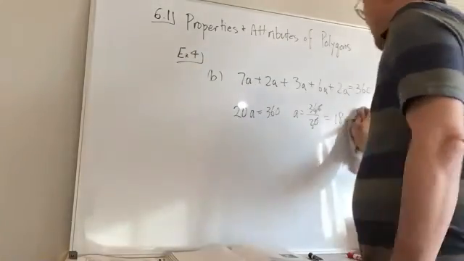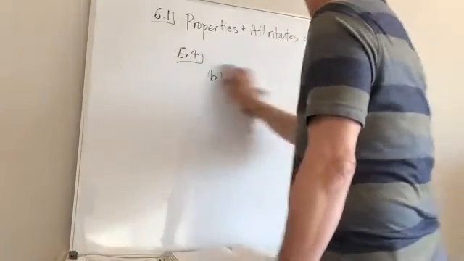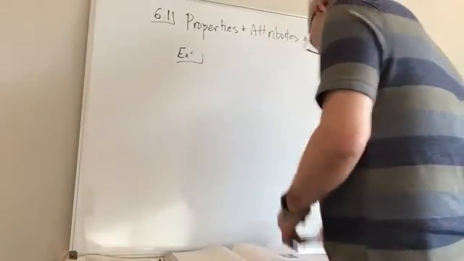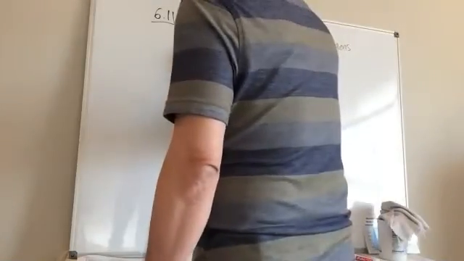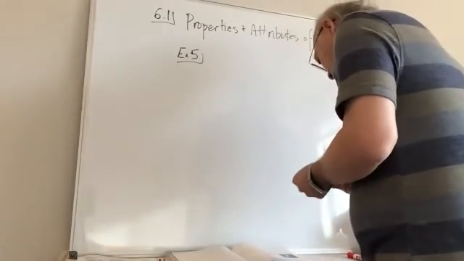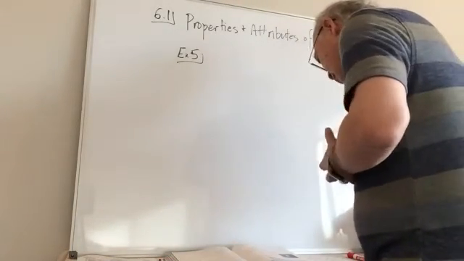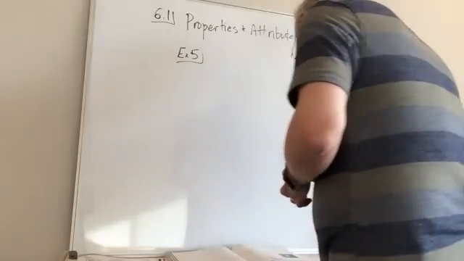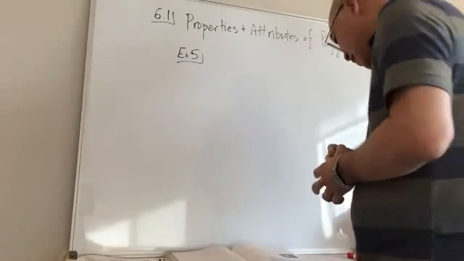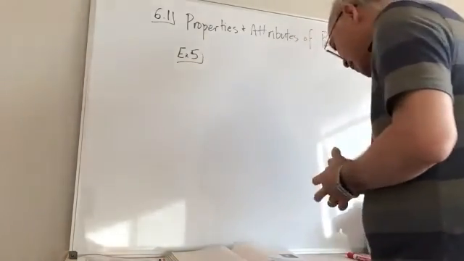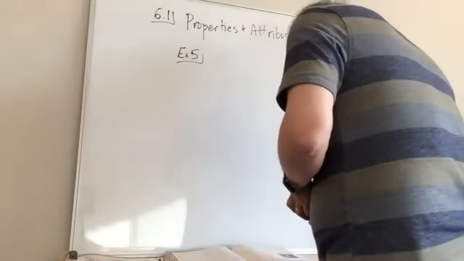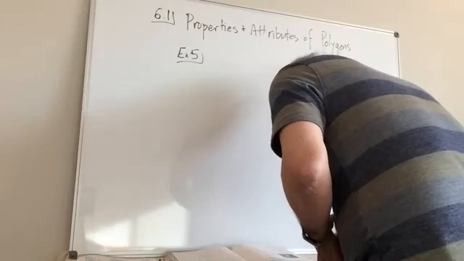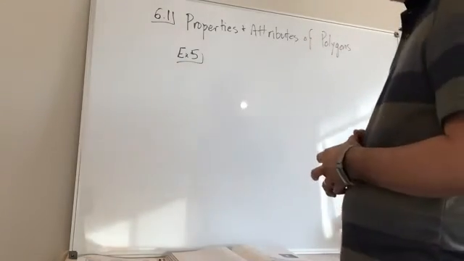Example number 5. The aperture of a camera is formed by 10 blades. The blades overlap to form a regular decagon. What is the measure of angle CBD? CBD looks like one of the exterior angles, right?